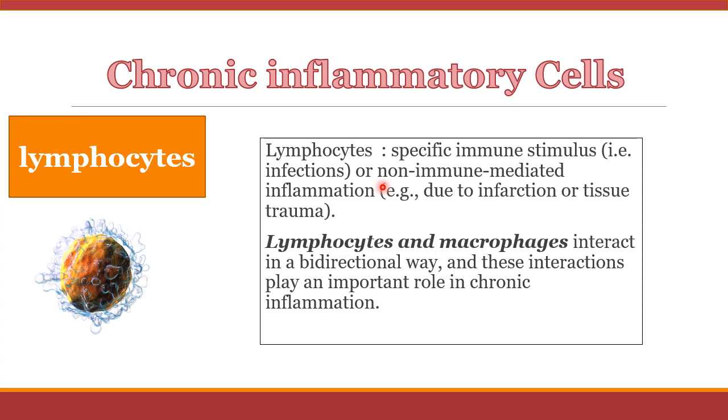This is the word infarction. So the lymphocytes can be activated under many different stimuli. As we said before, the lymphocytes and macrophages interact together in a bidirectional way. They can activate each other, and this interaction and the crosstalk between both of them is a key important feature of chronic inflammation.